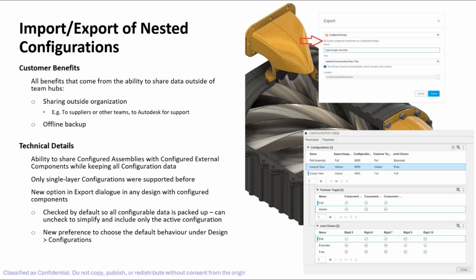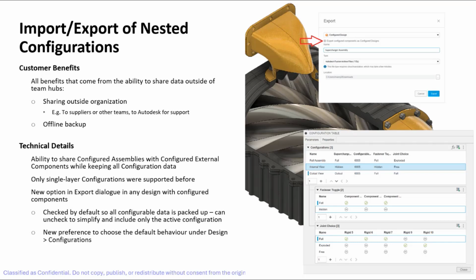The next one is import and export of nested configurations. Customer benefits: all the benefits that come from the ability to share data outside of team hubs, sharing outside the organization to suppliers or other teams, or to Autodesk for support. It's also an offline backup. Technical detail: the ability to share a configured assembly with configured external components while keeping all configuration data.